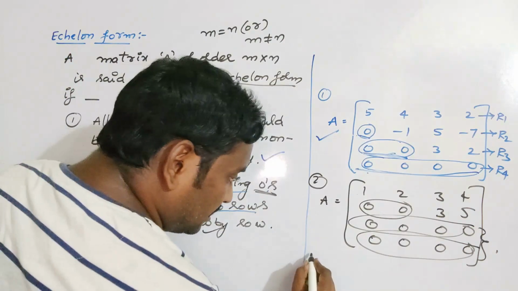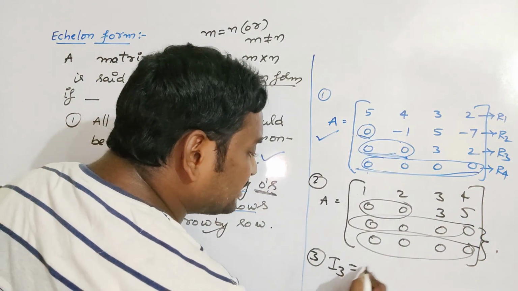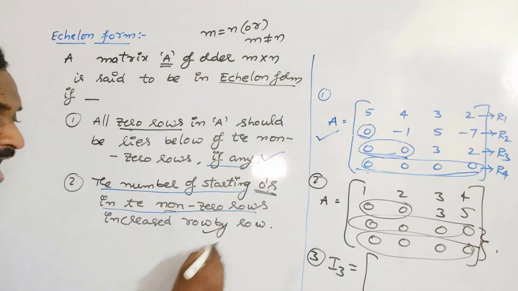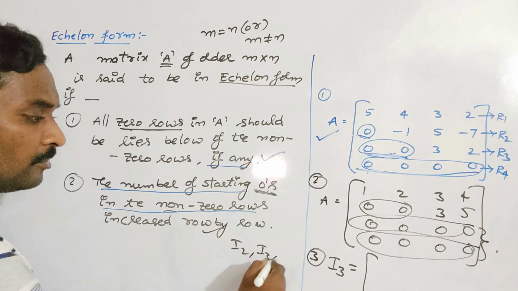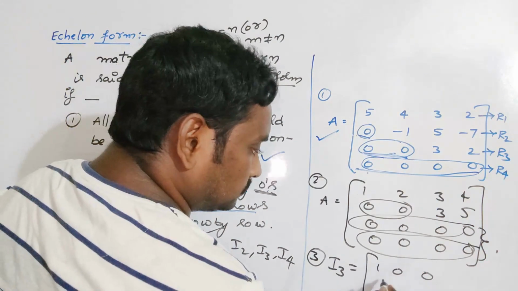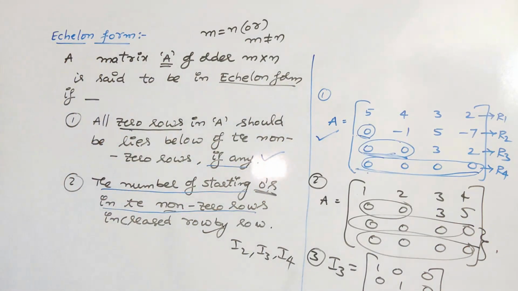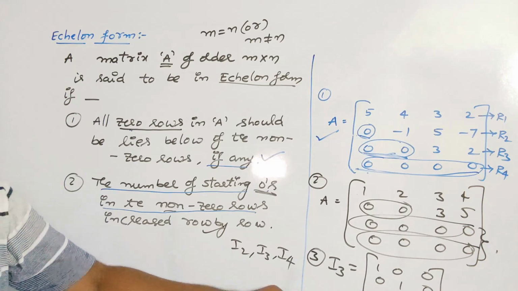And one more standard example for echelon form is any identity matrix of any order. You can take I2, I3, I4. You can take any identity matrix of any order. This is also in echelon form. We are observing that there are no zero rows.